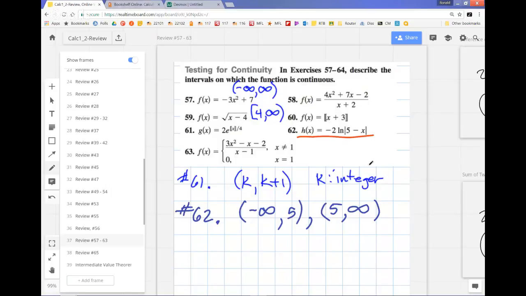Everything's okay after 5, but you can't have 5. So basically, you've got to break that into, all right, well, everything's okay from negative infinity up to 5. Everything's okay from 5 to infinity, but there's just that gap where it can't be 5. So you would write down the 2 intervals for which it can be.